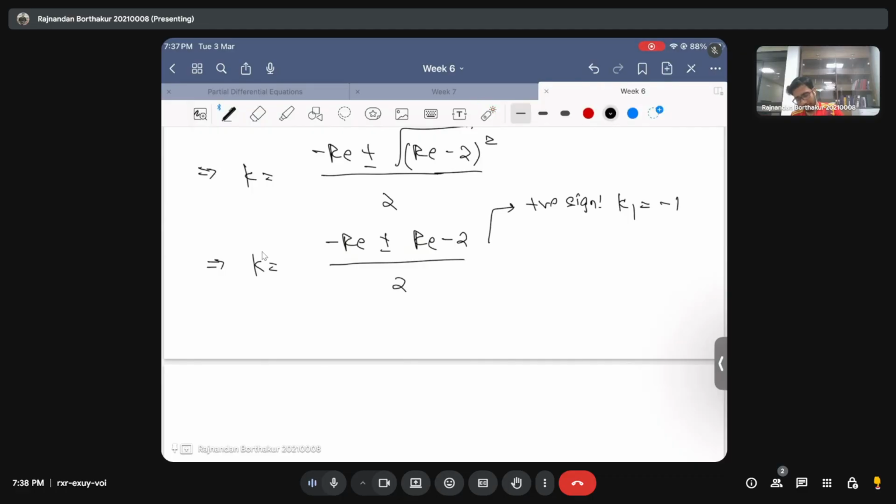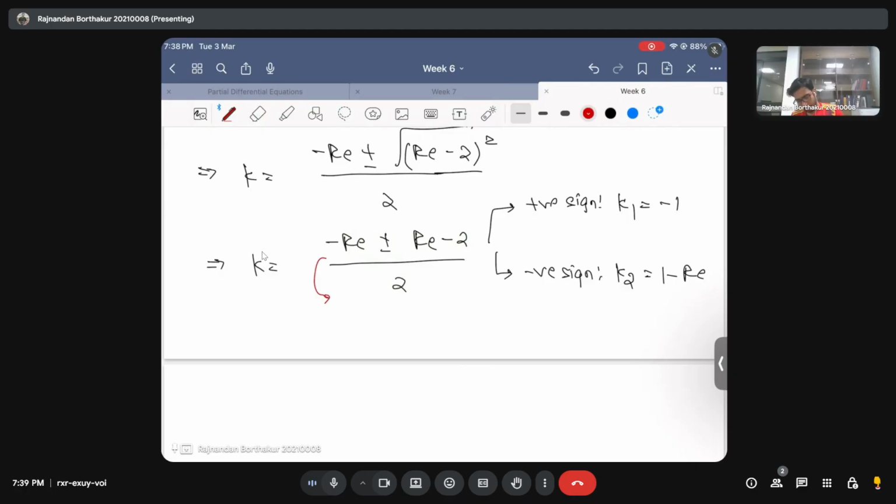And if I take the negative sign, I will get my second root as 1 minus Re. Why? Because this is going to be minus 2Re minus 2 by 2. So 2 will get cancelled from the numerator and denominator, and then I'll get this 1 minus Re basically. Or is it going to be 1 plus Re? Okay, hold on. Let's just check.